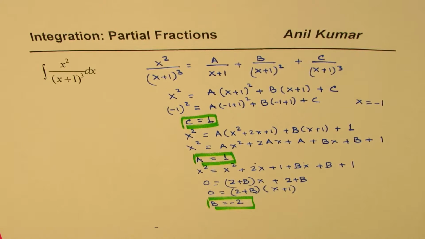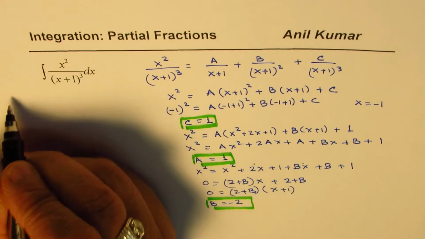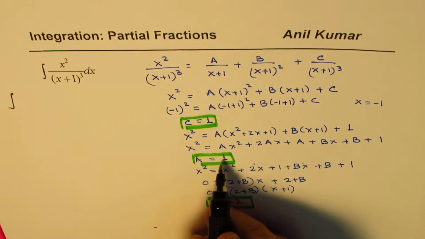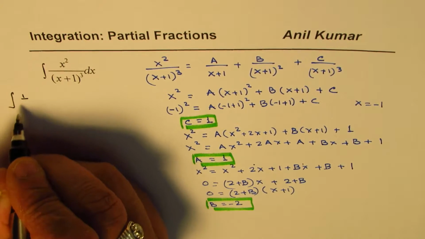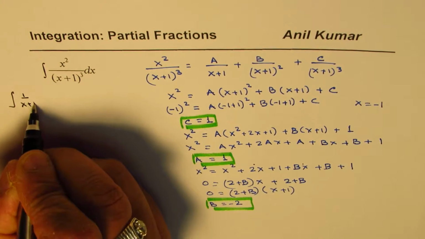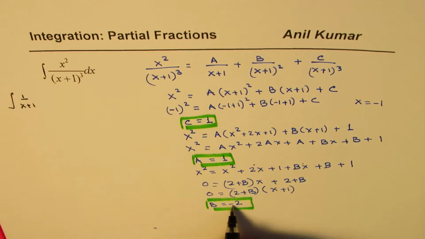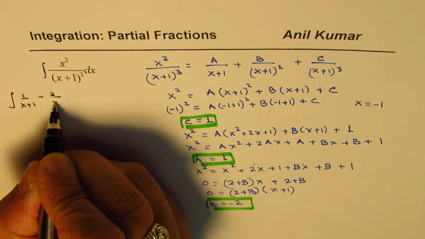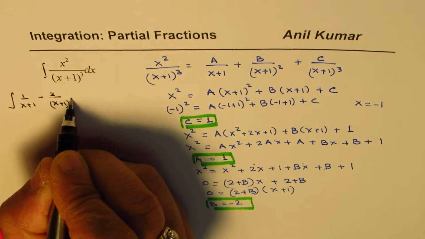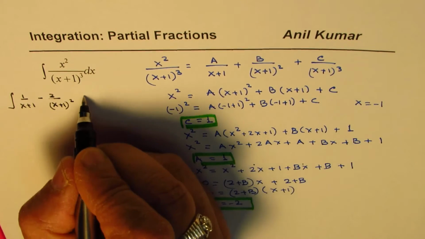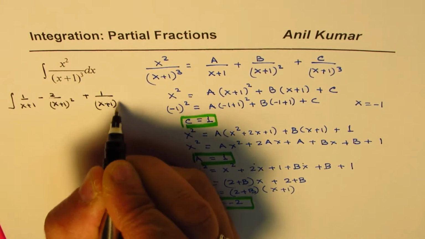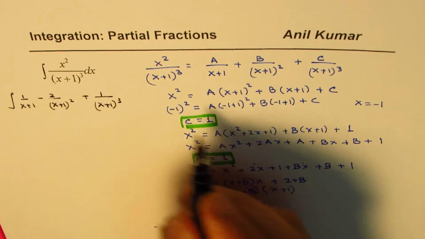Based on these values, we can rewrite the integrand. A is 1, so 1 over (x plus 1). B is minus 2, so minus 2 over (x plus 1) whole square. And C is 1, so plus 1 over (x plus 1) whole cube, dx.